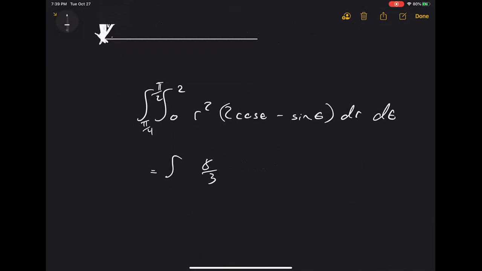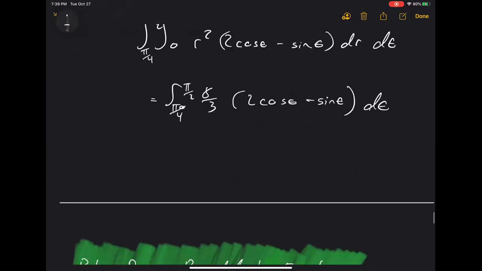That should be right, yep. And then I have 2 cosine theta minus sine theta d theta. I integrate in terms of theta, and what do I get? I get 2 sine theta plus cosine theta from pi over 4 to pi over 2.